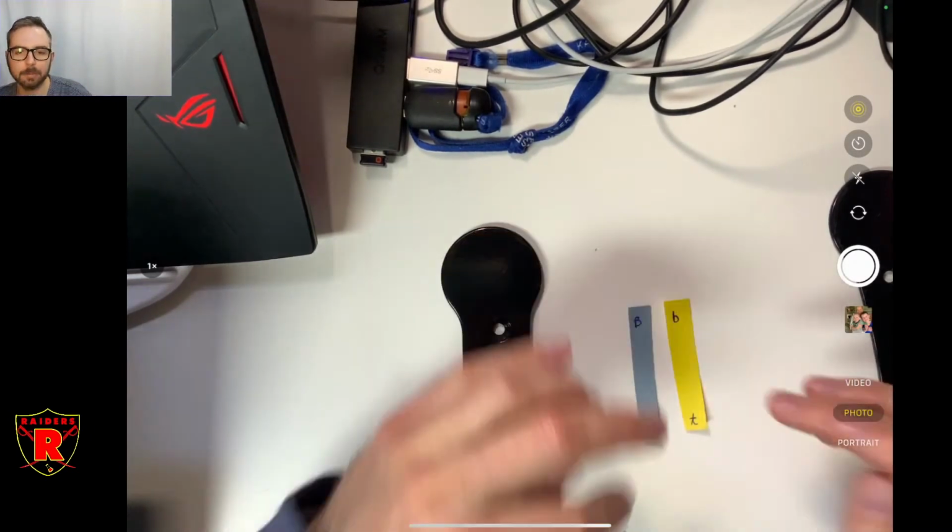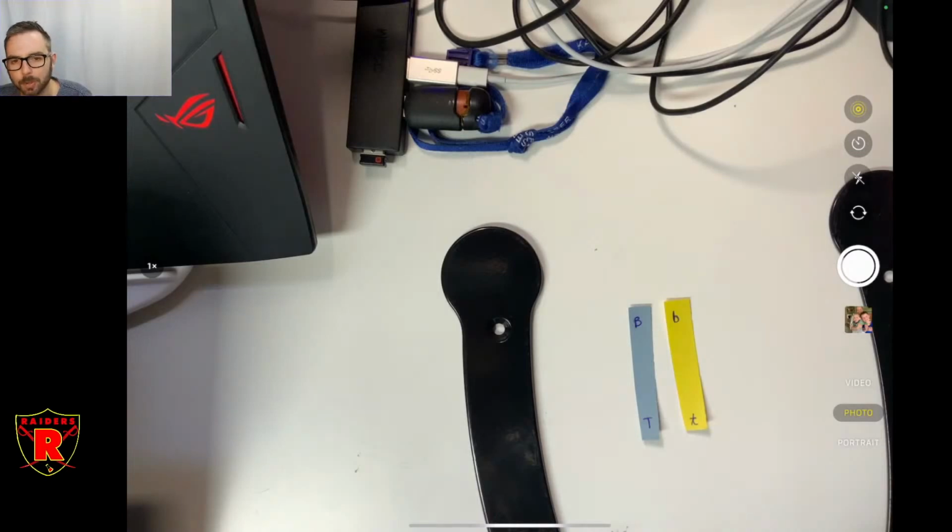If you think about what this person is going to express, what they're going to look like, they're always going to show the dominant gene if they have the dominant gene. This person has the dominant gene for widow's peak, and so they're going to have a widow's peak.